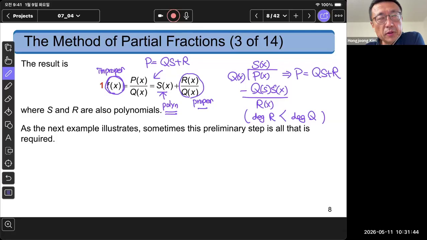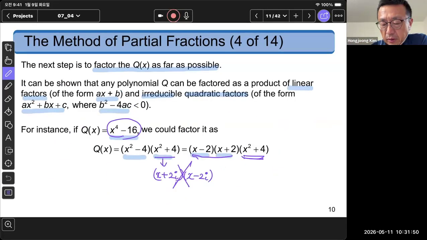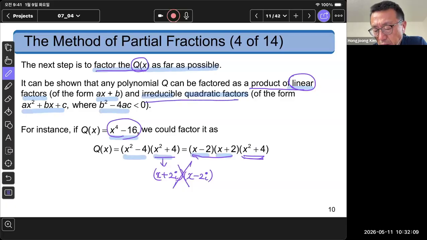Now, given this proper rational function, the next step is to factor the denominator as far as possible, which means you need to factor Q(x) into a product of linear factors and irreducible quadratic factors.